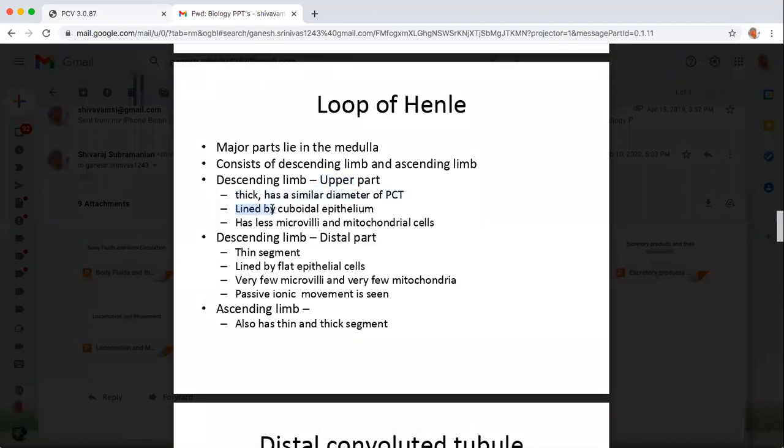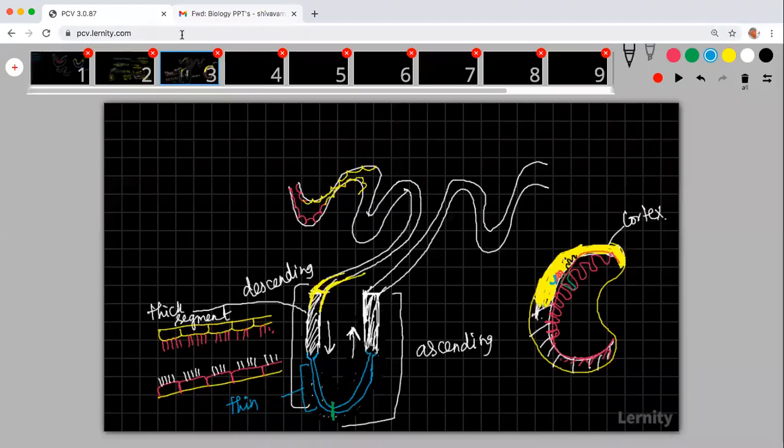What is it lined with? It is lined with cuboidal epithelium. Normal epithelium, squamous epithelium, will look like this, so we call those epithelial cells squamous. If it is going to be like this, then we call it cuboidal. Now, in this area, which type of cells are there?